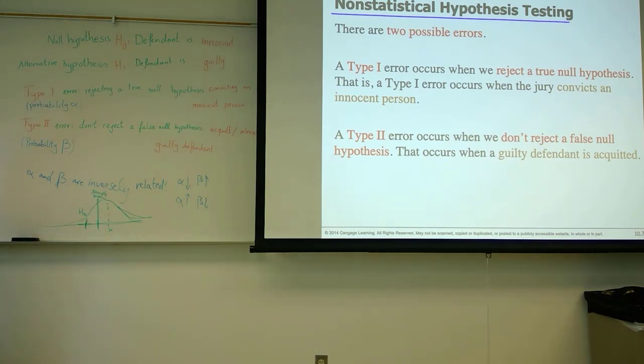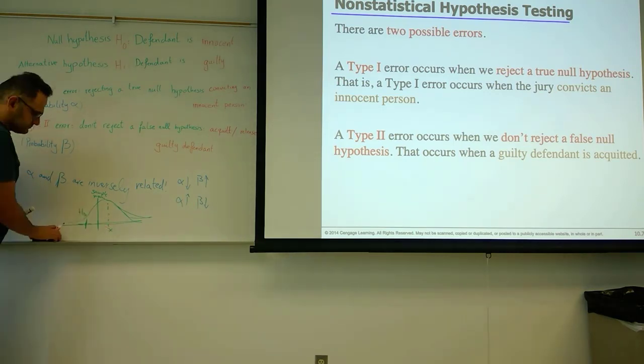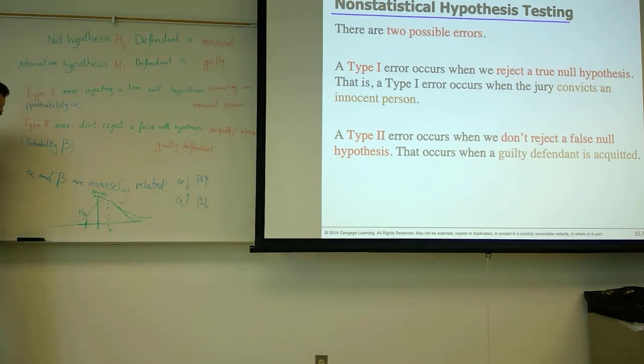Which can happen. In reality, the sample mean is to the left of the mean of the population. But what we think is that my sample mean is to the right of the mean of the population, because the null hypothesis was that here is the mean of the population.